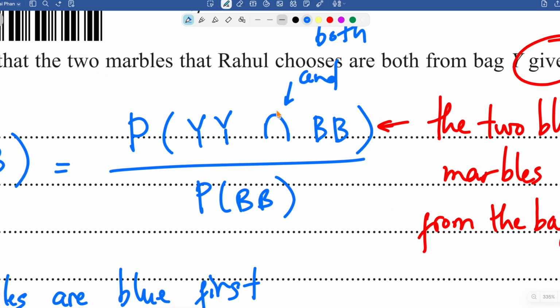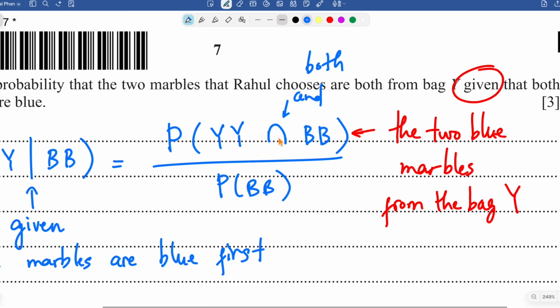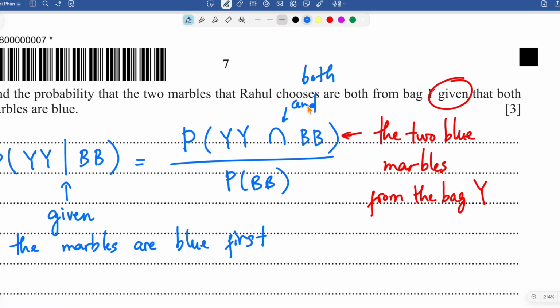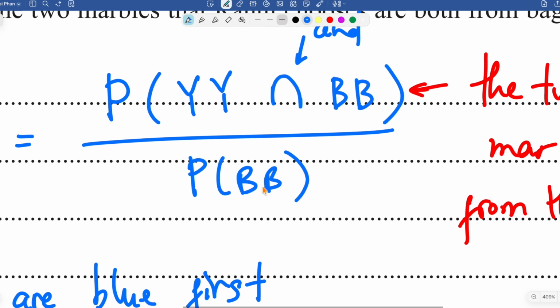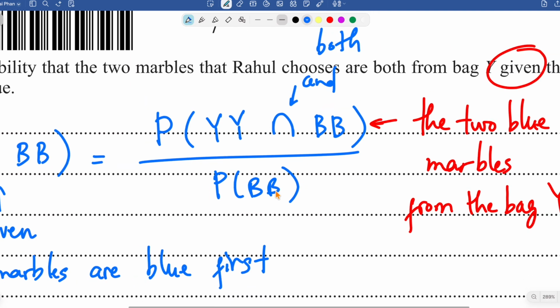The union symbol, like an arc or a gate, represents the word "both," which means they satisfy both conditions at the same time: the two marbles are both blue, and they are both from bag Y. That is the top of the fraction, and the bottom is the probability that the marbles are both blue.